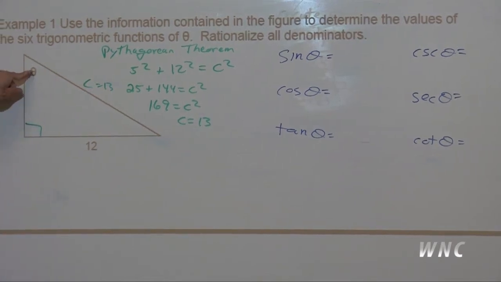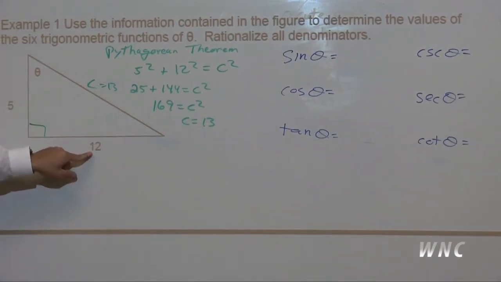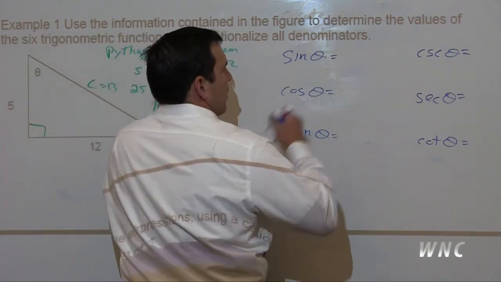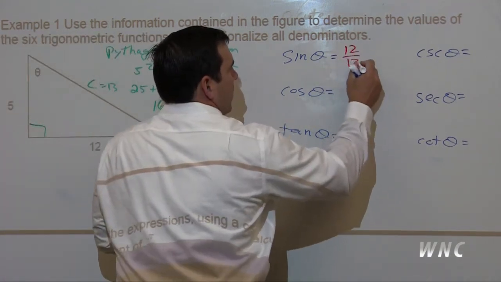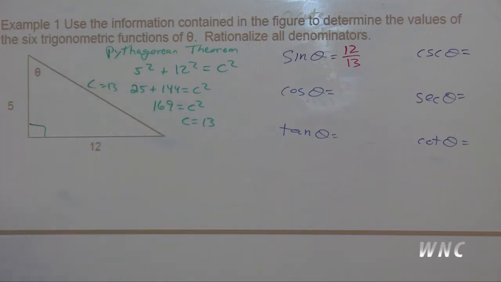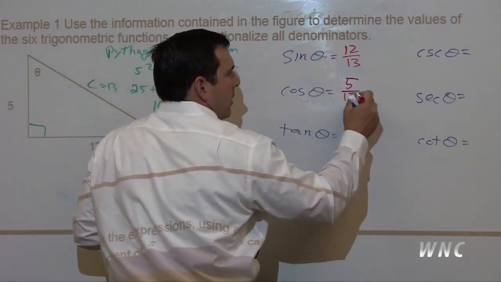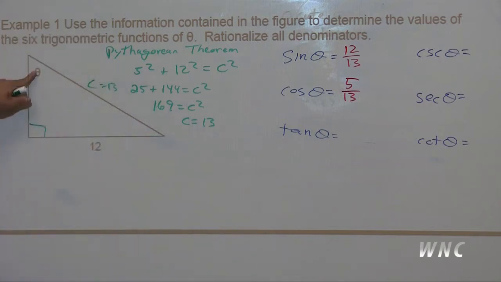The side opposite is 12, and the hypotenuse is 13. So sine would be 12 over 13. The adjacent side is 5, and the hypotenuse is 13, so cosine is 5 over 13. Given this angle, the opposite side is 12. For tangent, opposite over adjacent, 12 over 5.